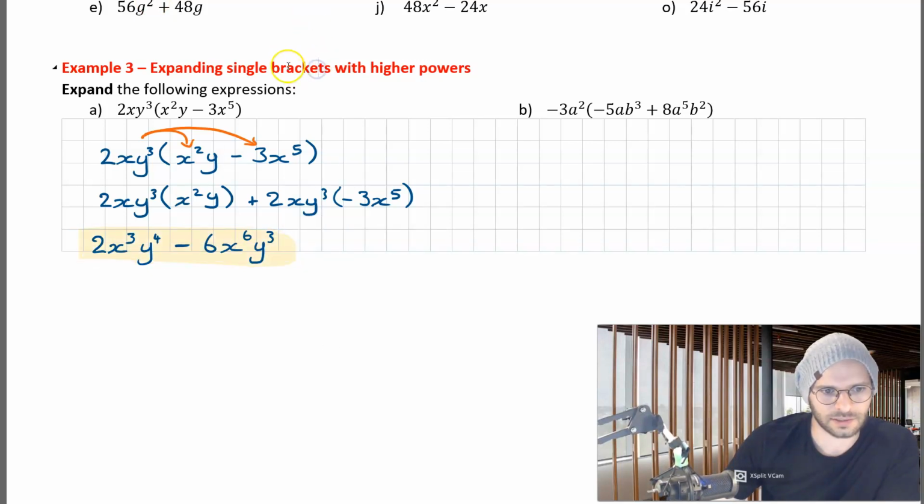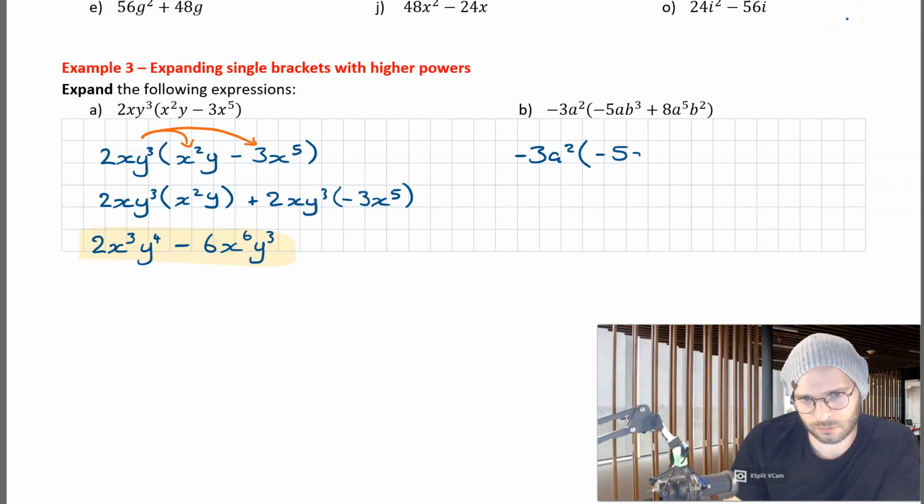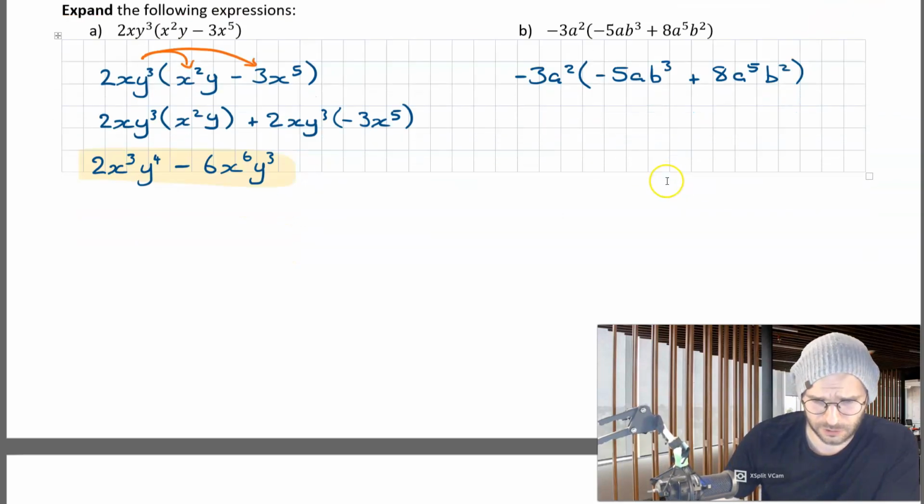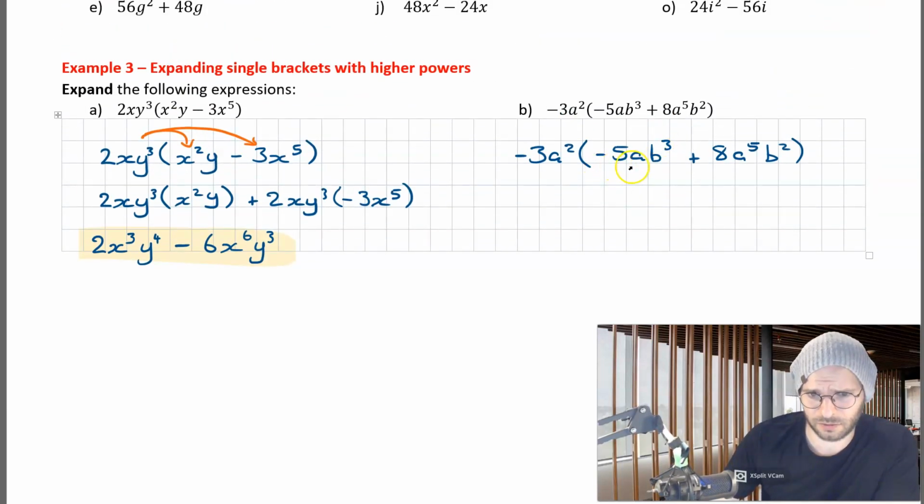So you use the exact same method before, except this time we're just dealing with powers, so we're using our rules around algebra. Finishing this off with example B, we're one level of difficulty higher in that we've got the negative here now, but we deal with it all the same. So we've got -3a squared, which is our coefficient, and then our inner expression, first term is going to be -5ab cubed, plus second term is 8a to the 5b squared.